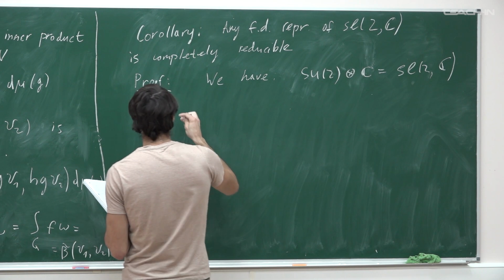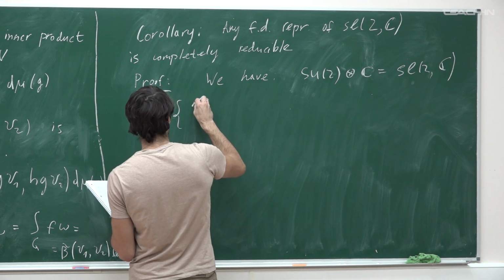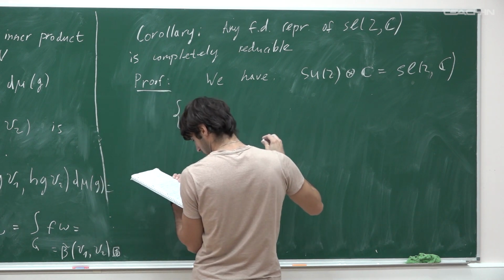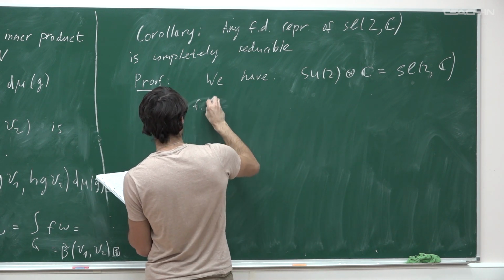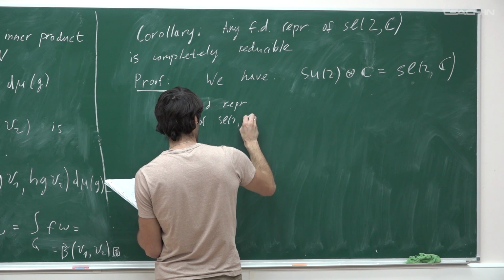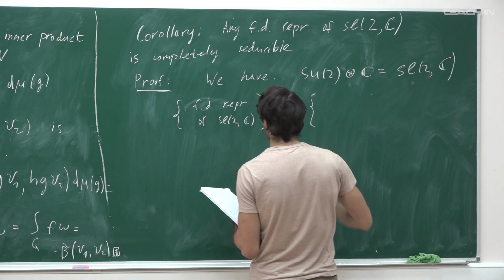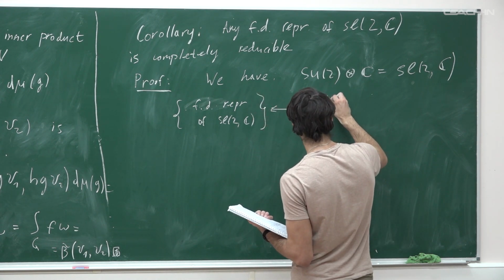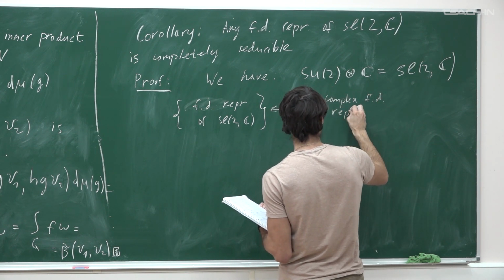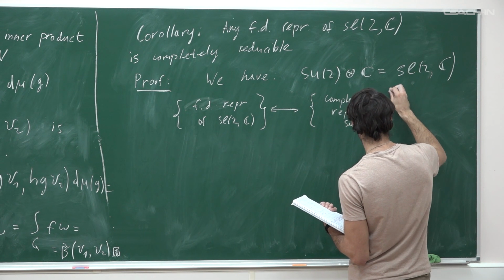So we have the following correspondences: isomorphism classes of finite dimensional representations of SL2C and complex finite dimensional representations of the SU2 Lie algebra.